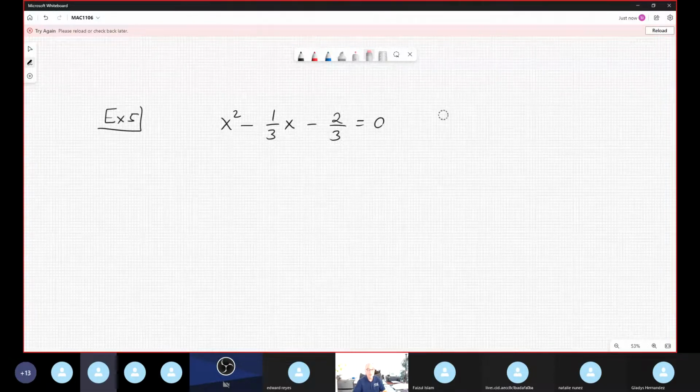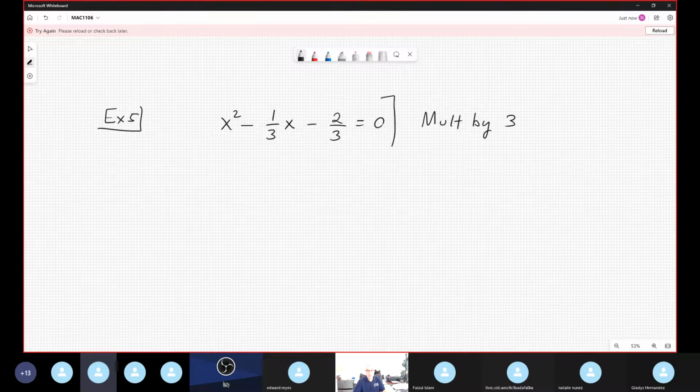How do you clear the fractions? Well, multiplication by the LCD. If you multiply the entire equation by the LCD, which is 3, everything by 3, you have 3x squared minus, 1/3 times 3 is 1, but it's negative, x, and here is minus 2.